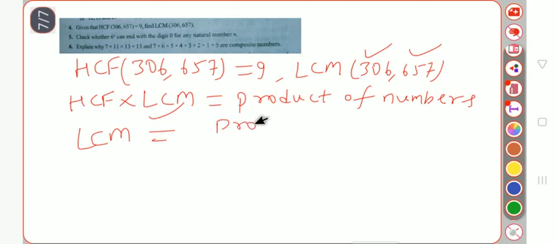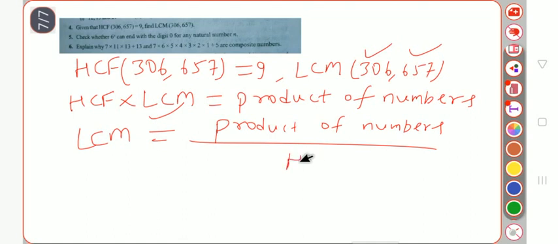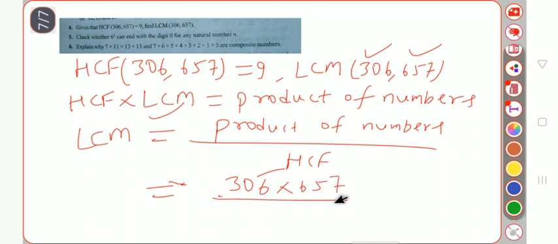So LCM equals product of numbers divided by HCF. Just put the values here. Product of numbers means multiply 306 and 657, divided by HCF. HCF is given as 9.